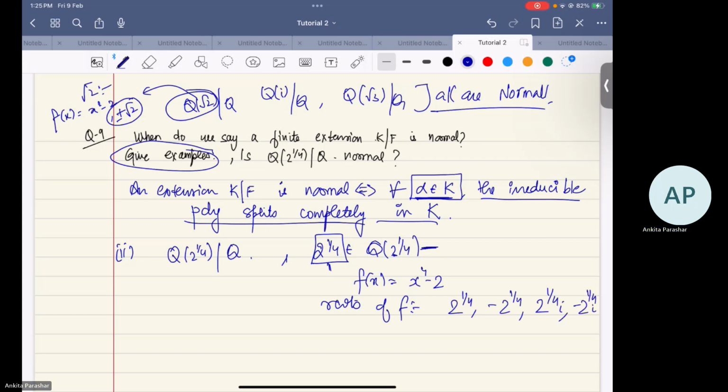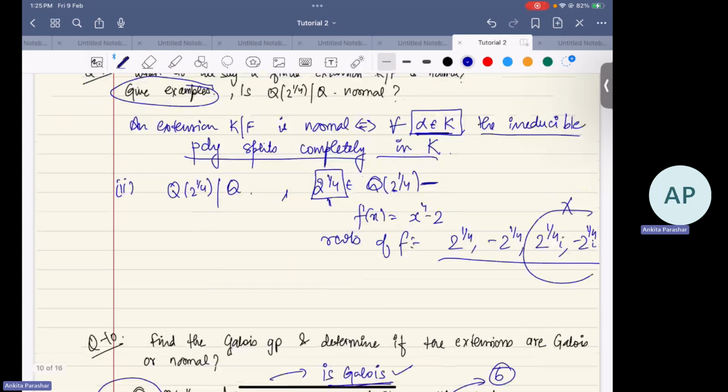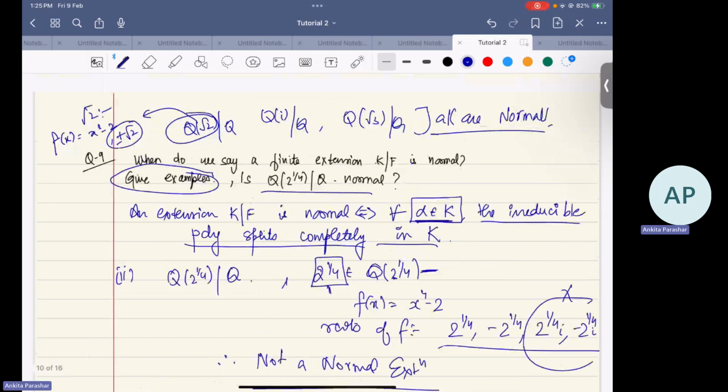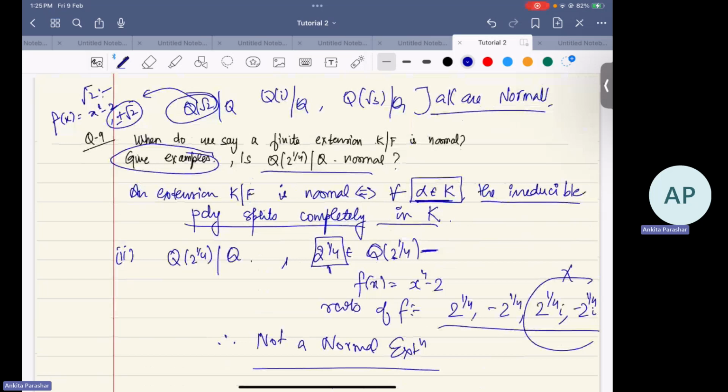Do all roots lie in your field? Clearly no, because these two do not belong to your field. Therefore, it's not a normal extension. So now you have an example of an extension which is not normal, and also examples which are normal. Now you should see the difference.